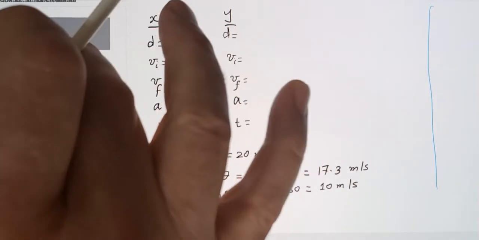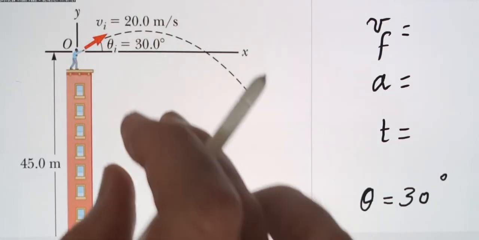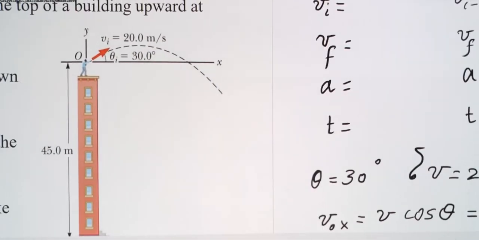Now in a projectile motion, we have x component and we have y component. And in the y component, it's just a free fall. So I need to determine my reference point, and I need to determine where is positive, where is negative.